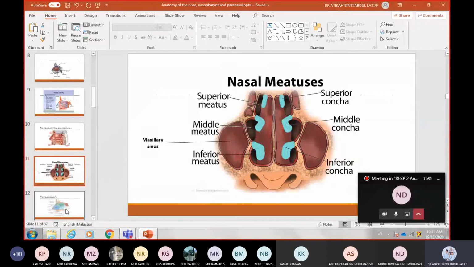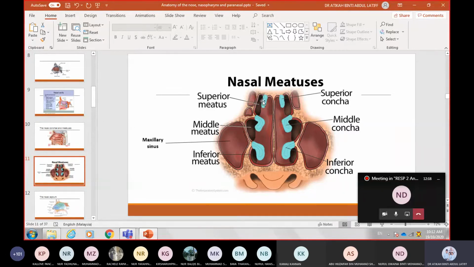So if we do a cross section, this is what we'll find. Okay, so the concha is the bone, and the meatus is the area behind it. Okay, or behind the bone.